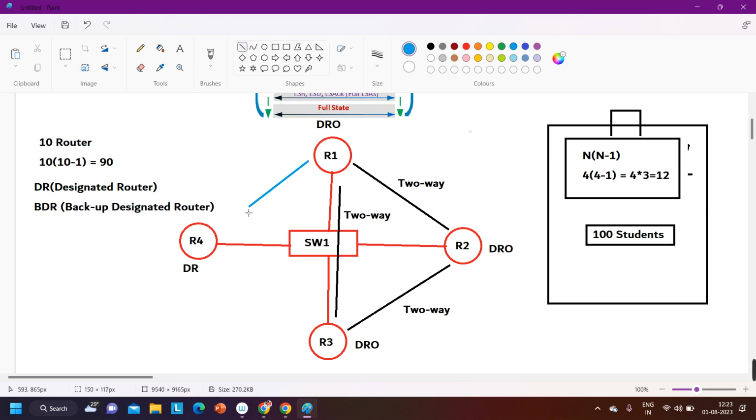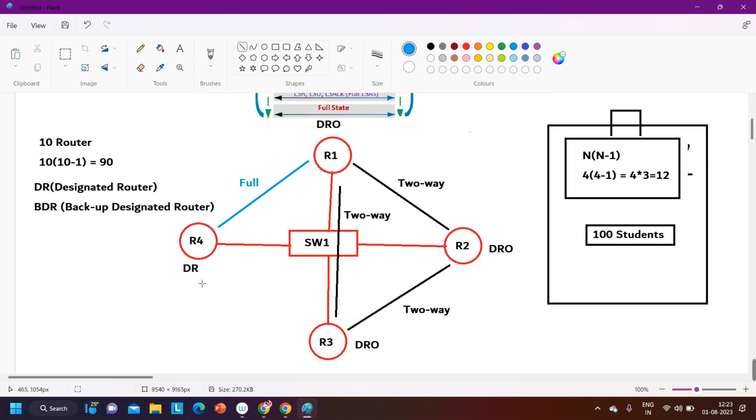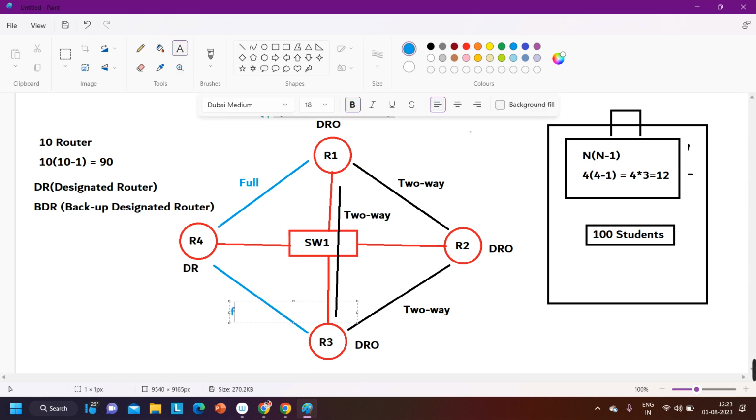So there will be full adjacency here. Between router 4 and router 3 also there will be full adjacency.